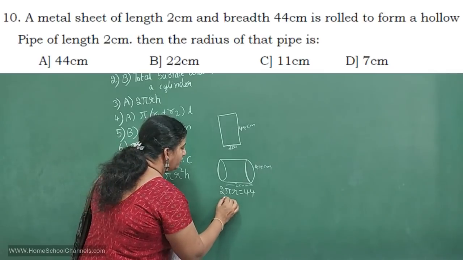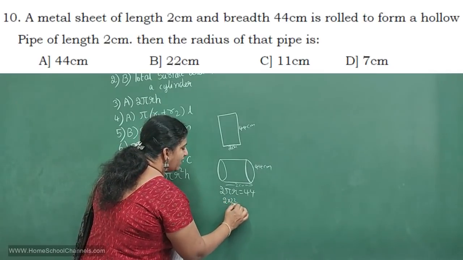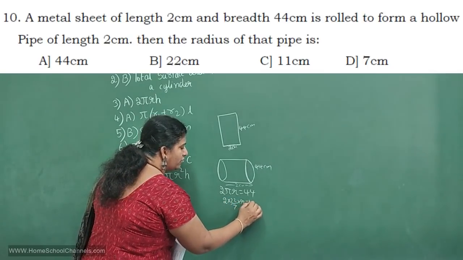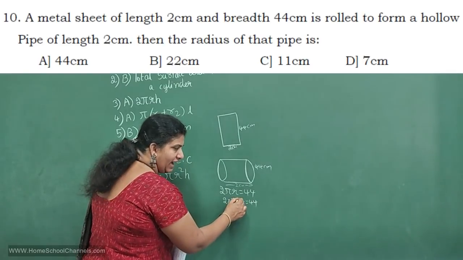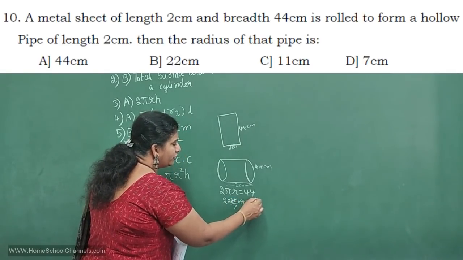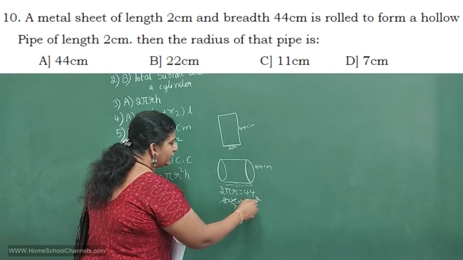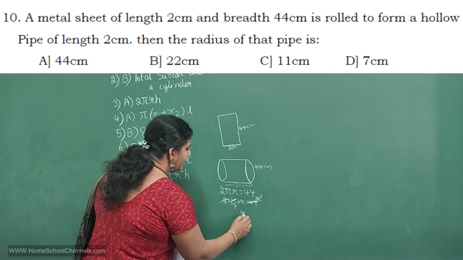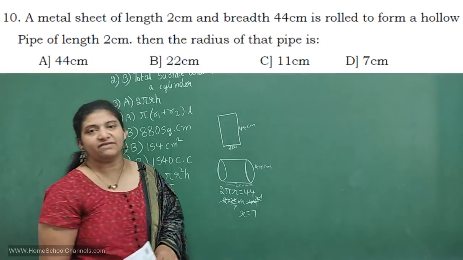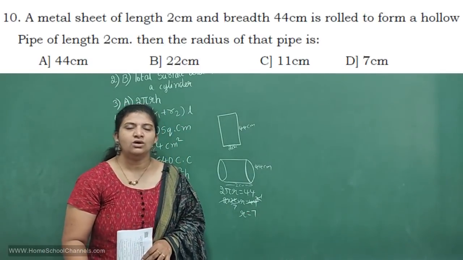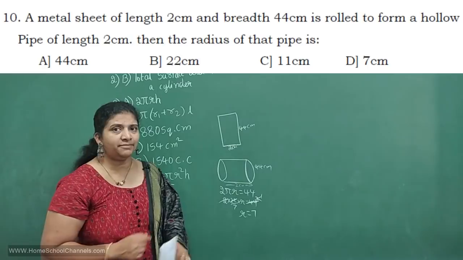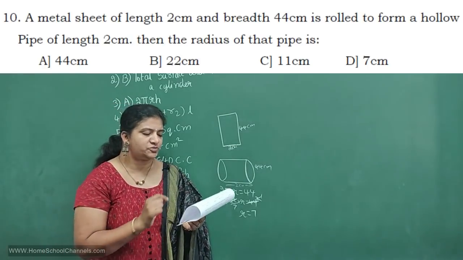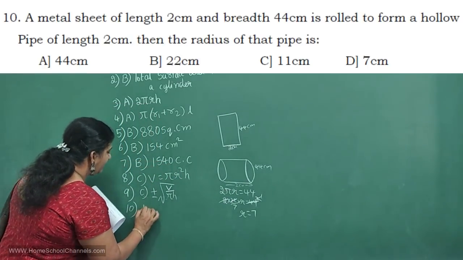Substitute the pi value: 2 into 22 by 7 into r is equal to 44. You can directly cancel: 22 2s are 44 and 2 1s are 2. The denominator 7 goes to this side. r is equal to 7 centimeters. What is the radius of the pipe? 7 centimeters. Which option is right? Option D, 7 centimeters.